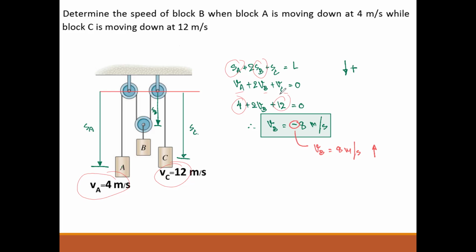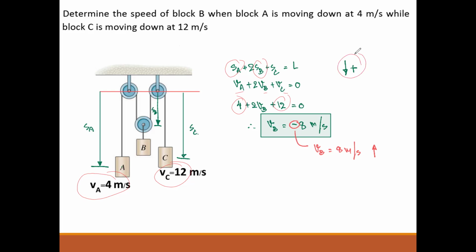After we solve for VB, we find that VB is a negative value: minus 8 meters per second. What does it mean? The negative sign means it moves opposite to the positive sign convention that we set up.